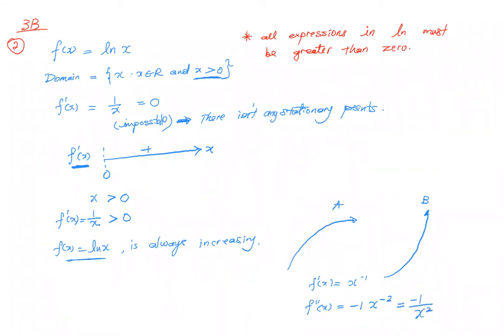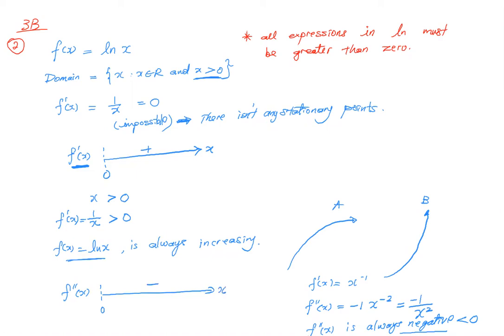So I will say f double prime x is always negative. Am I right? Always less than 0. So you tell me from here, if I draw the sign diagram for f double prime x, it will be negative, correct?